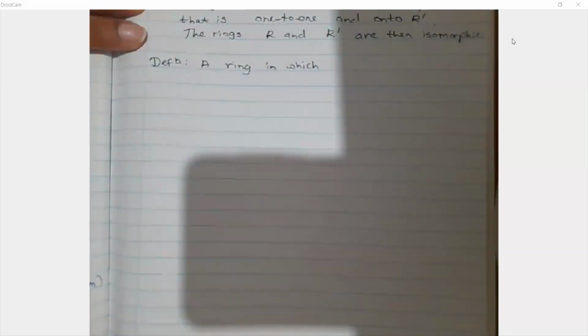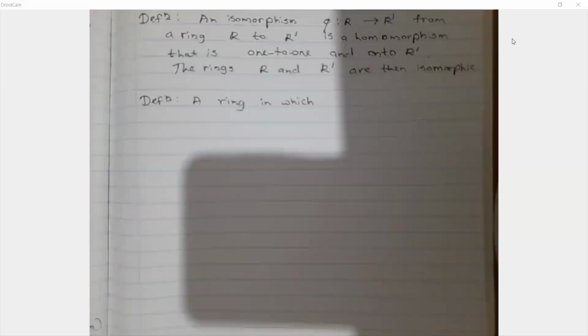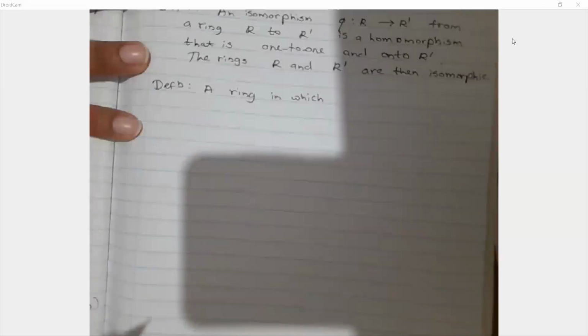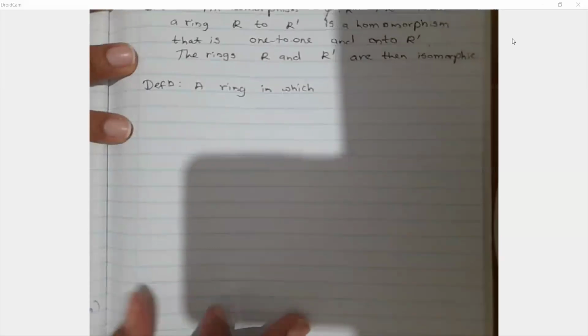When you say a ring is commutative, we are referring specifically to the binary operation multiplication defined over it, because R is commutative under addition anyway. R together with addition is an abelian group. So addition is commutative, right? So when you say a ring is commutative, we are actually talking about commutativity of multiplication.